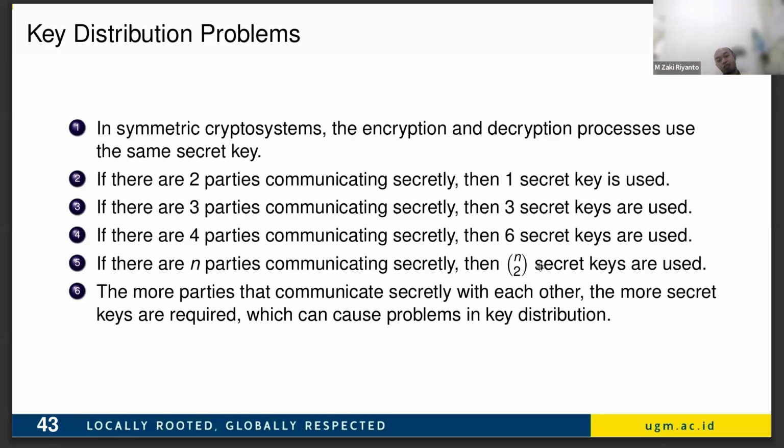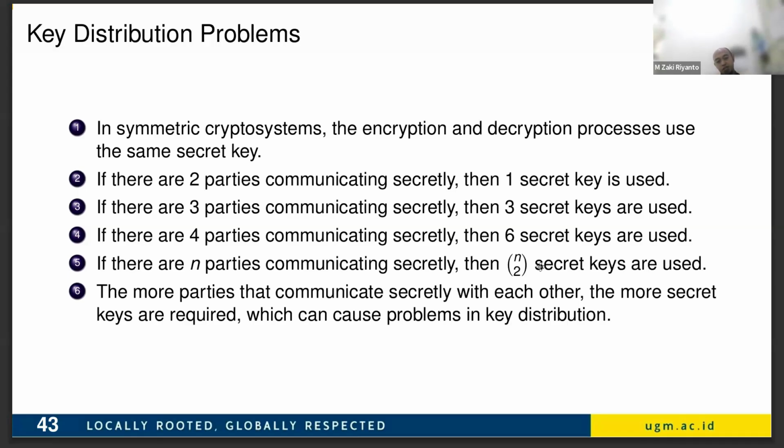So if there are two parties, then there is one secret key. If there are three parties, there are three secret keys. If there are four parties, then there are six secret keys.